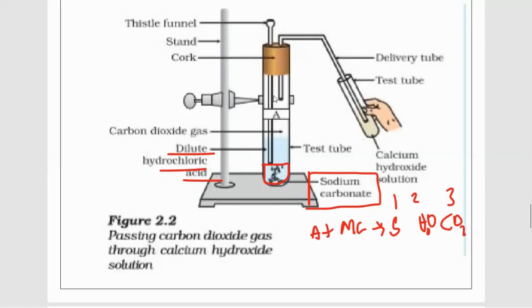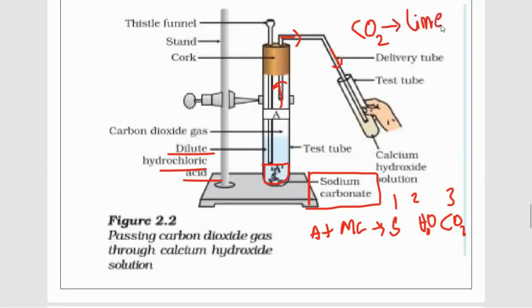And the third one, gas is produced, that is CO2. Here you can observe we have arranged one delivery tube. The produced carbon dioxide will enter this delivery tube and come out. And how can we say that the gas is carbon dioxide? It is simple. Pass that carbon dioxide gas through lime water.